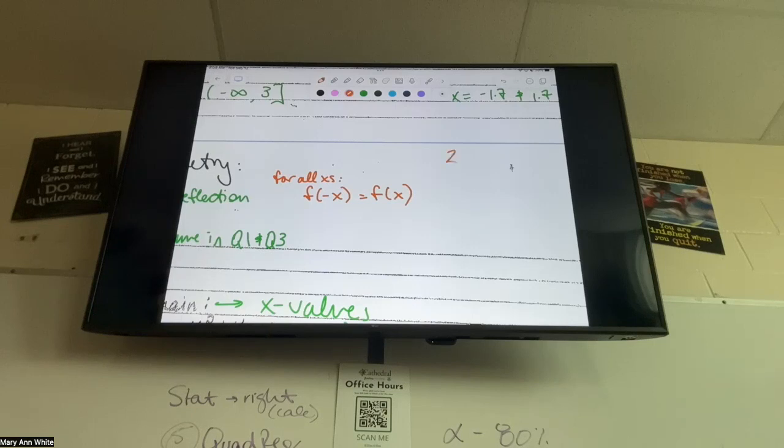So if I thought about like 2x squared, if I plugged a negative x in there, what's negative x squared? Positive x squared, right? Negative x squared is just going to be positive x squared. Is that the same thing as what we started with? Yes, so that's how we go even.